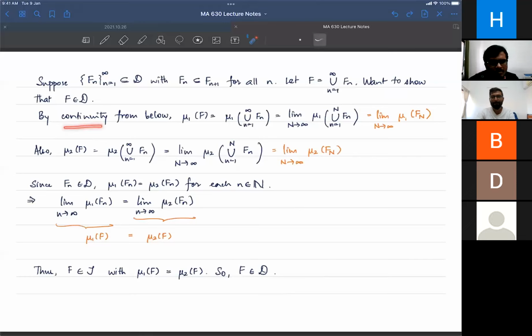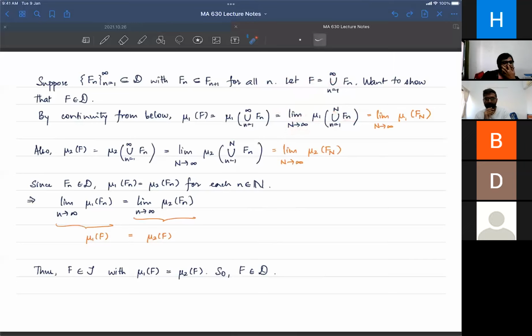So by continuity from below, mu1 of F is just mu1 of the union, n going from 1 to infinity, of F_n. This is just by definition. And by using continuity from below, this is the limit as n goes to infinity of mu1 of the union, n going from 1 to capital N, of F_n.